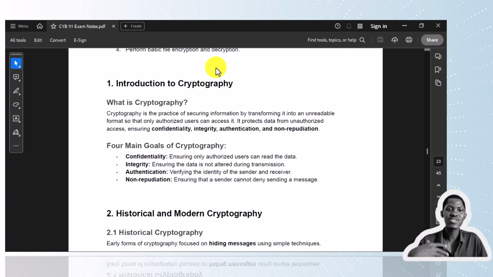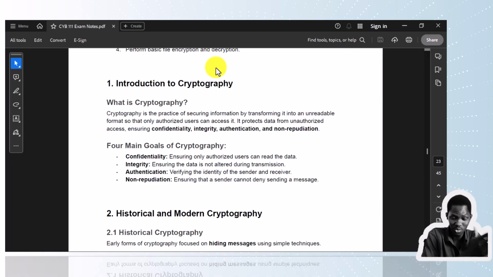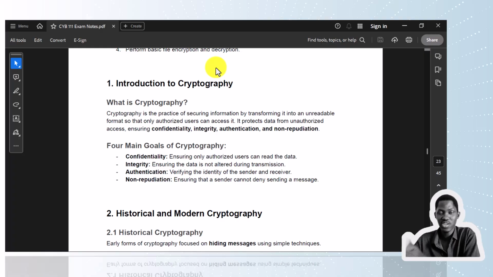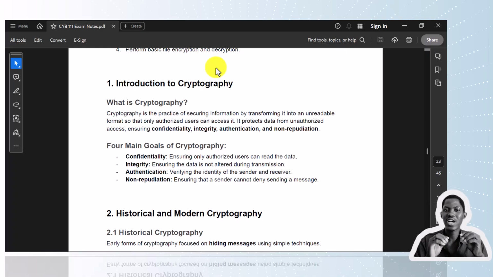So it's the practice of securing information by transforming it from the readable format that it was in into an unreadable, unintelligible format, so that only authorized users can access it in the readable format.